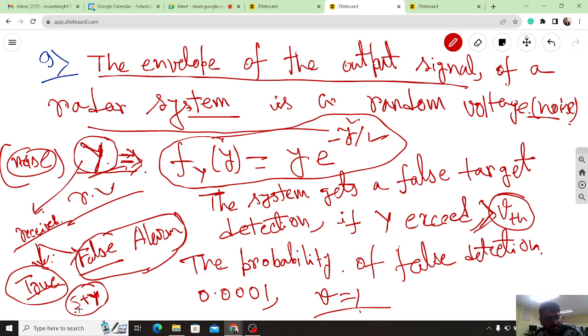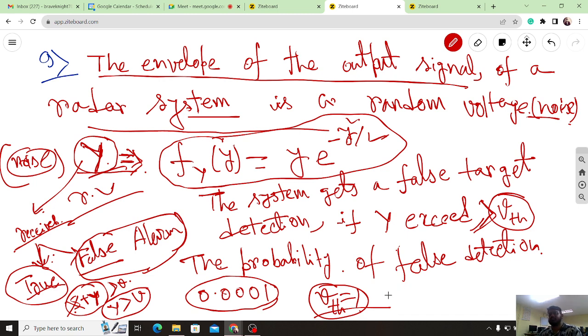If the signal is present, probably it will exceed the threshold V. But if the signal is not present, in that case Y will also provide some voltage, and we have to make sure that this Y does not exceed the threshold voltage V. So that is the probability we have to reach, that Y exceeds V should be 0.0001. For such a region, what will be the actual threshold voltage VTH? That we have to calculate. I think the question is clear.